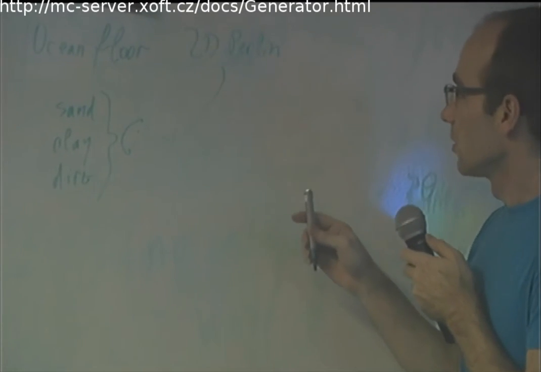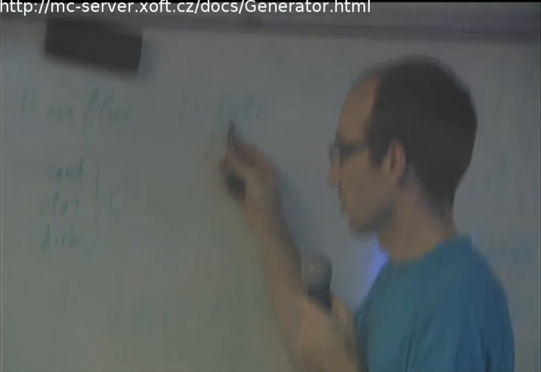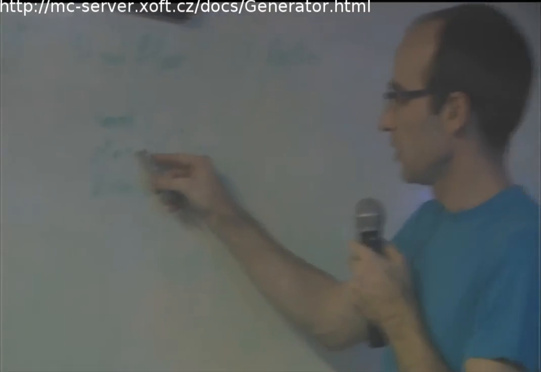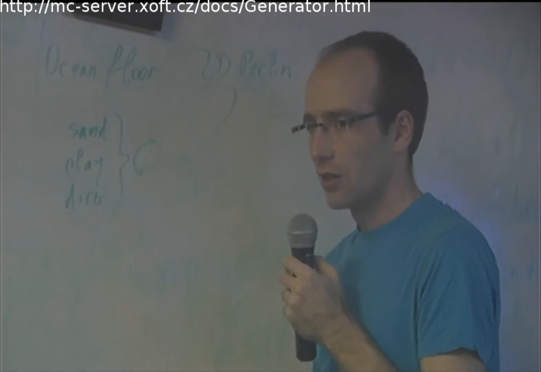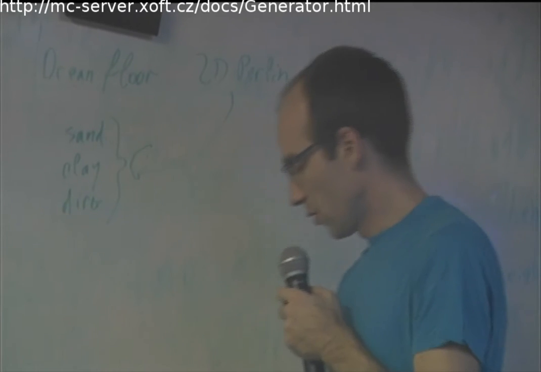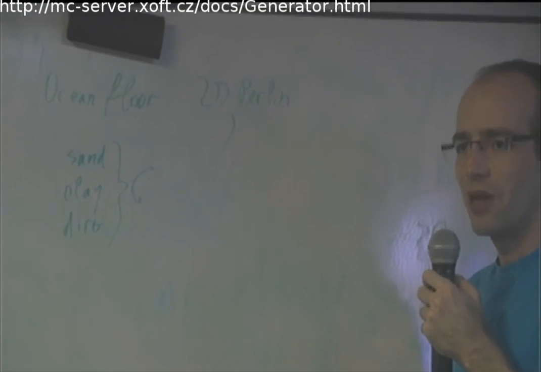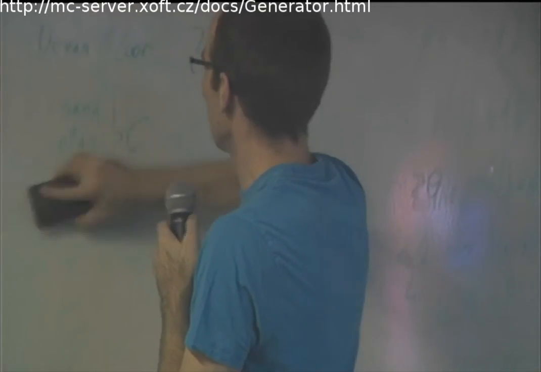So for each column of blocks, the 2D Perlin is queried, and if the value is very high, it uses clay. If it's above 0, it's sand, and if it's below 0, it's dirt. Nothing else. So the ocean floor actually gets a nice zebra-looking pattern based on sand and dirt and clay.